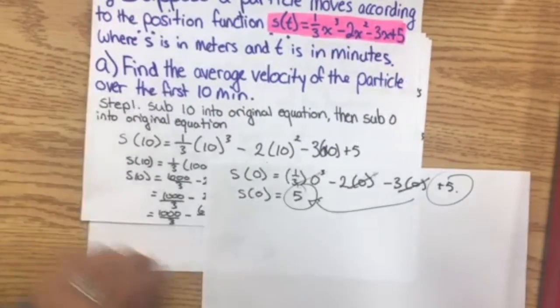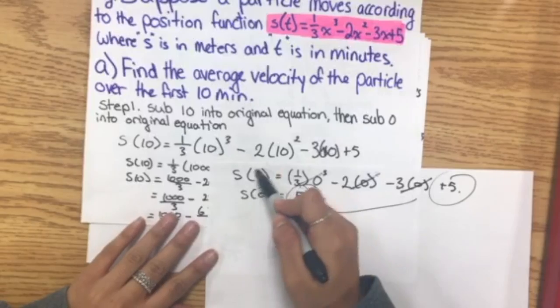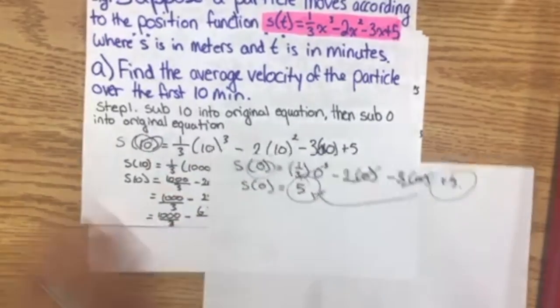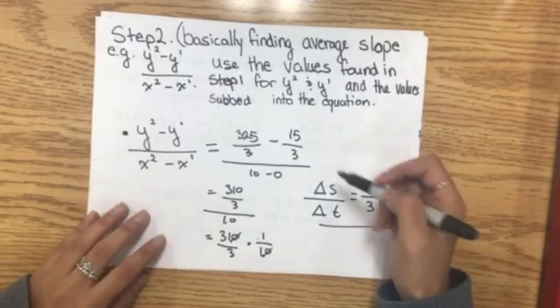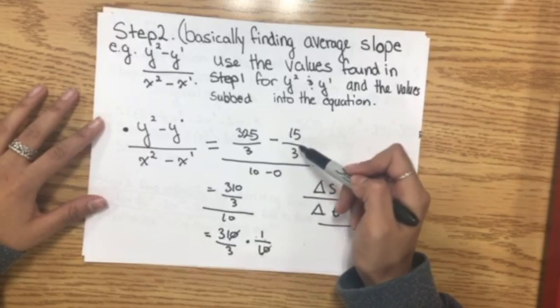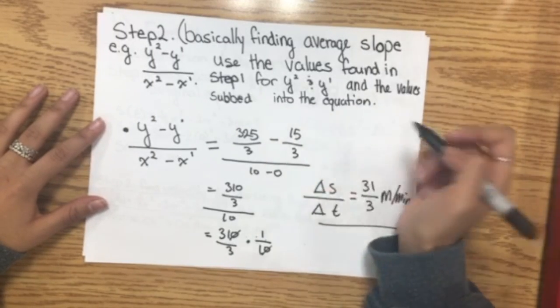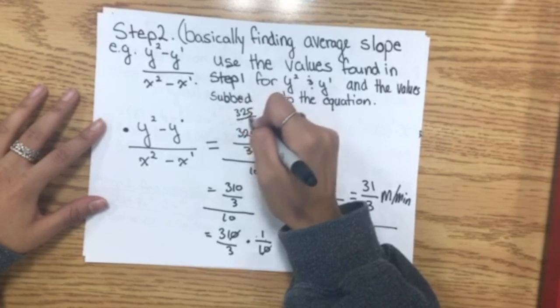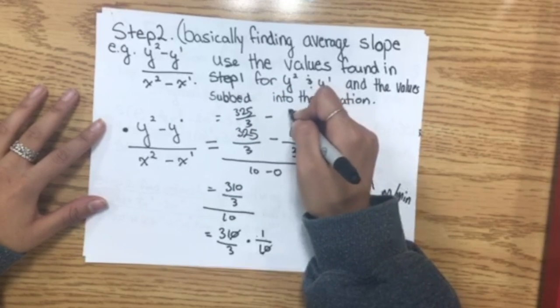Then we have to find the x's, which we already know. It's 0 and 10. So sub these values into the slope equation. We have 325 over 3 minus 15 over 3, because it was 325 over 3 minus 5.